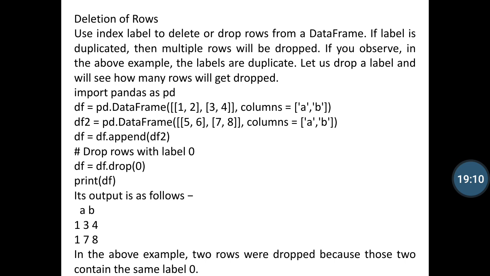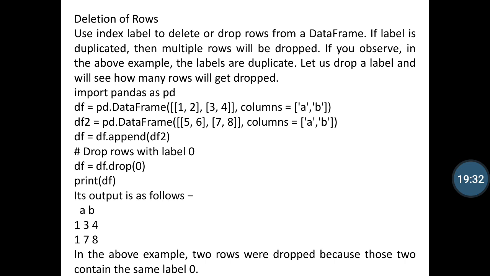After executing, you can notice that the rows with index label 0 are deleted, and the second values in columns A and B remain. So your output shows 3, 4 and 7, 8.